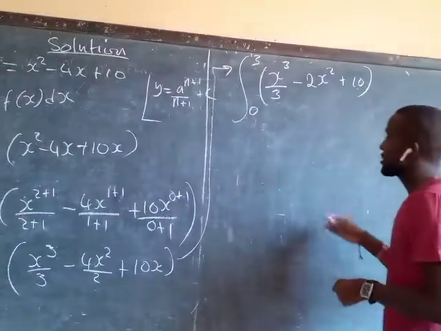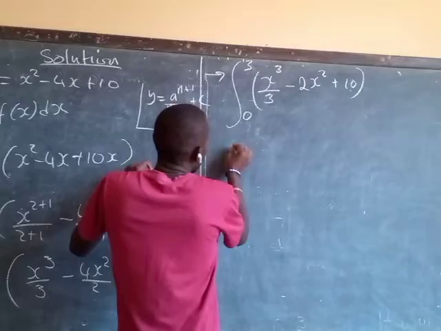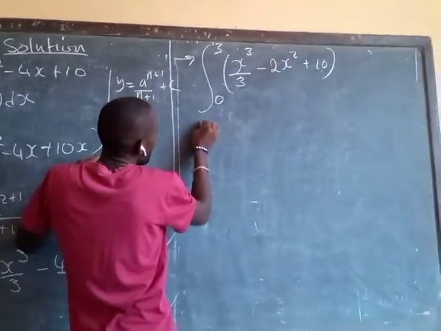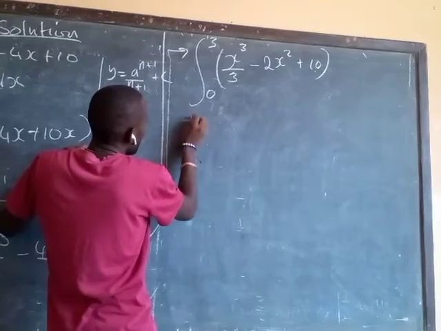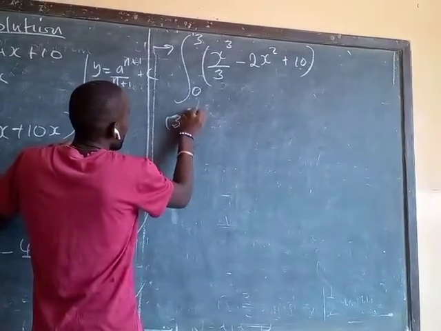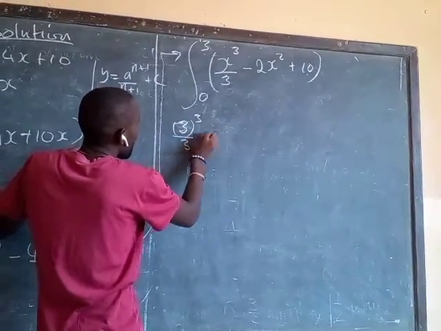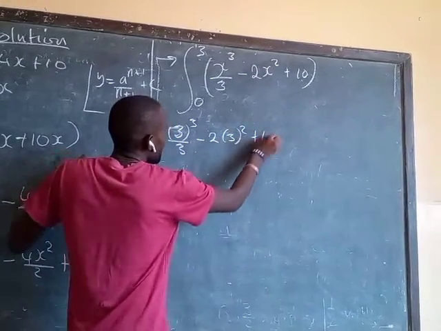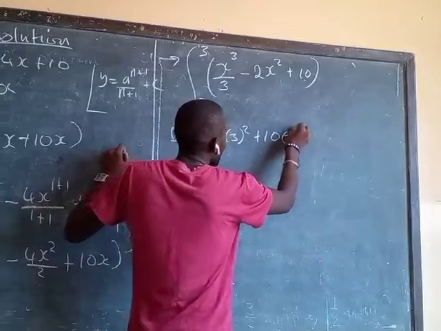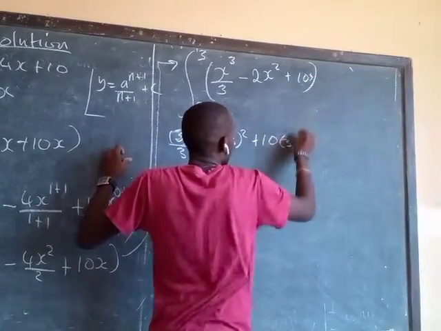So in this case, the upper limit is going to be used in this way. We are going to say 3 to the power 3 over 3, minus 2 times 3 squared, plus 10 multiplied by 3. Okay, this was x there.